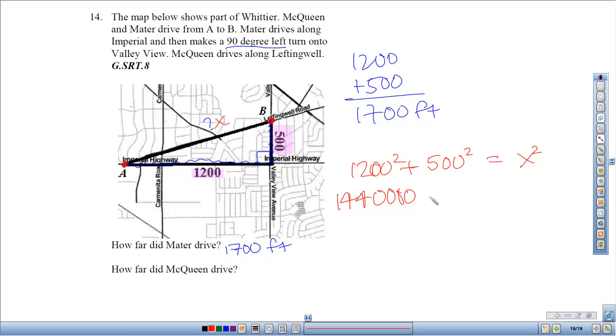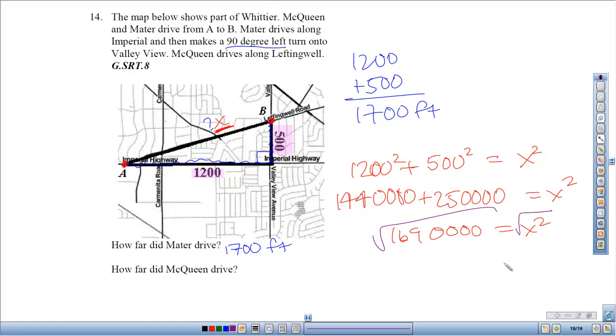And 500 squared comes out to be 25 and 4 more zeros, is all equal to x squared. If you add that together, you get 169 and 4 zeros is equal to x squared. We don't want x squared, we just want x. So if I take the square root of the whole thing, x comes out equaling 1,300 feet. That is how far McQueen drove.